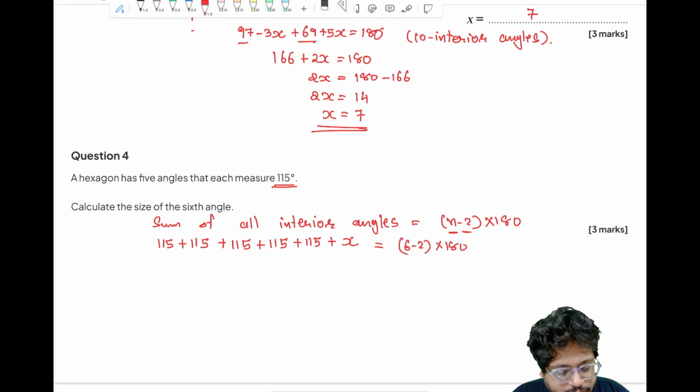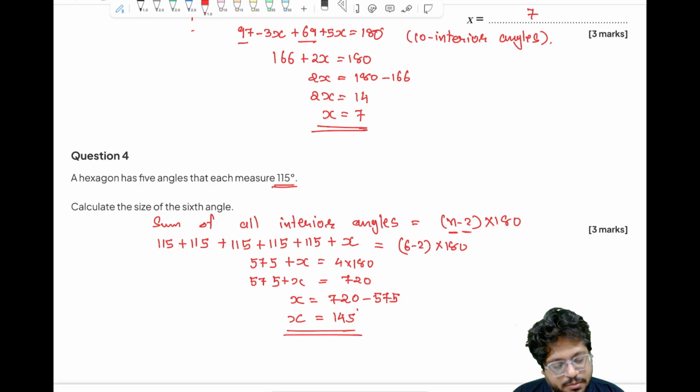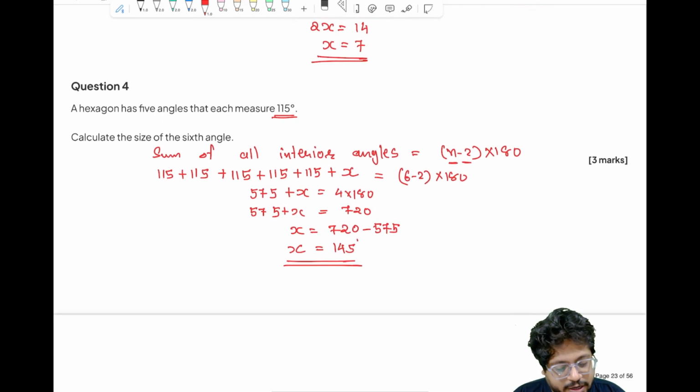So 115 times 5, 115 plus 115 plus 115 plus 115 plus 115, that is 575 plus x, and 6 minus 2 is 4, 4 times 180, that is 720. Now this 575 will go in subtraction, so this will be 145. So the sixth angle they are talking about is 145 degrees.